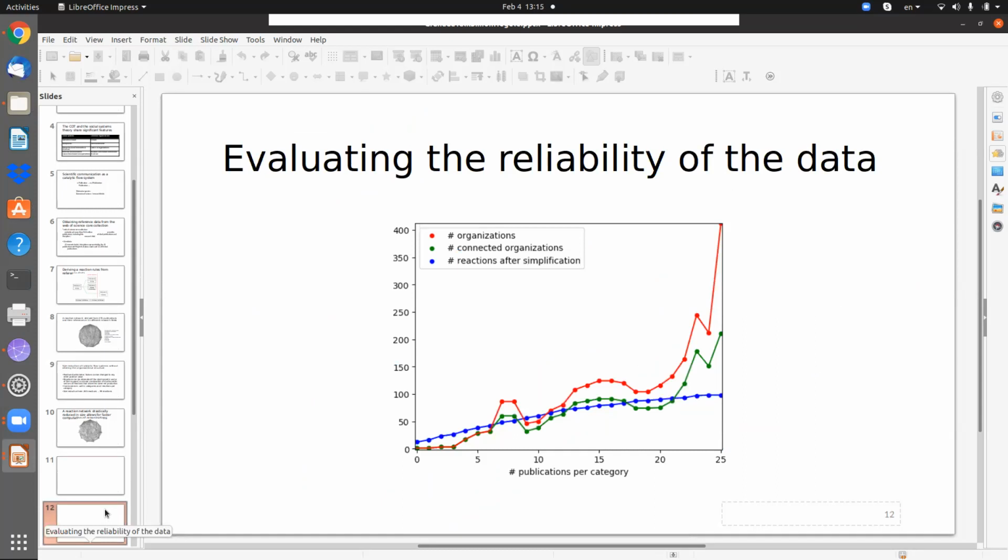Of course, when making models based on data, we have to check if the data is actually representing enough to have a realistic model.